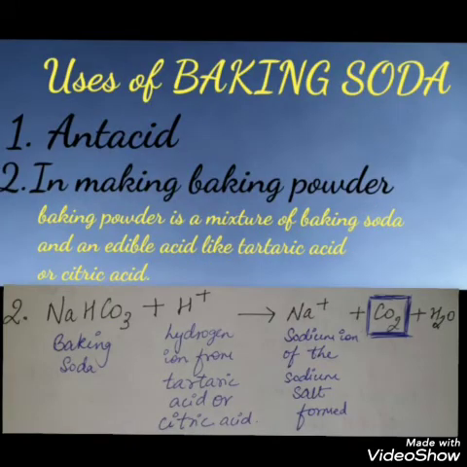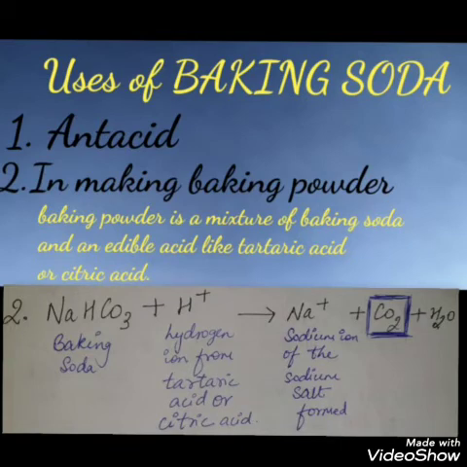So when baking powder is heated or mixed in water, which is used to make the dough for the bread or cake or any other bakery product, then the following reaction will take place.